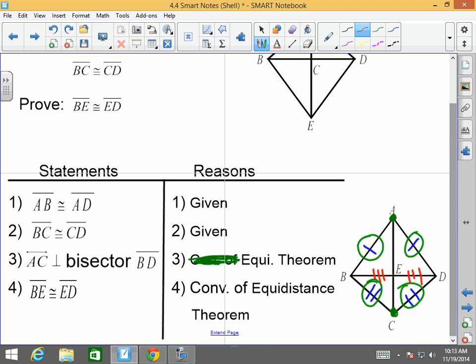Why? Because E lies on AC. We already said that AC is the perpendicular bisector of BD. So if A is the perpendicular bisector on BD, any point on AC will also be equidistant to D and B.